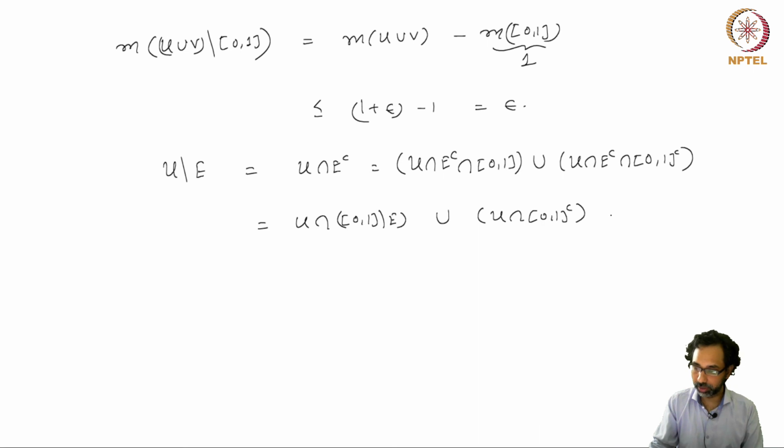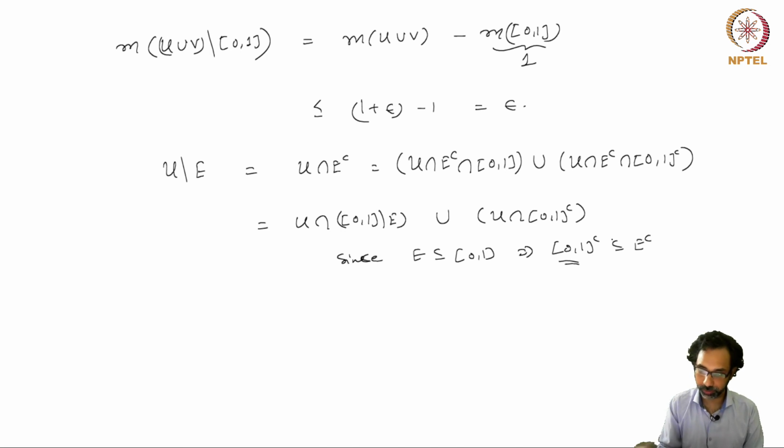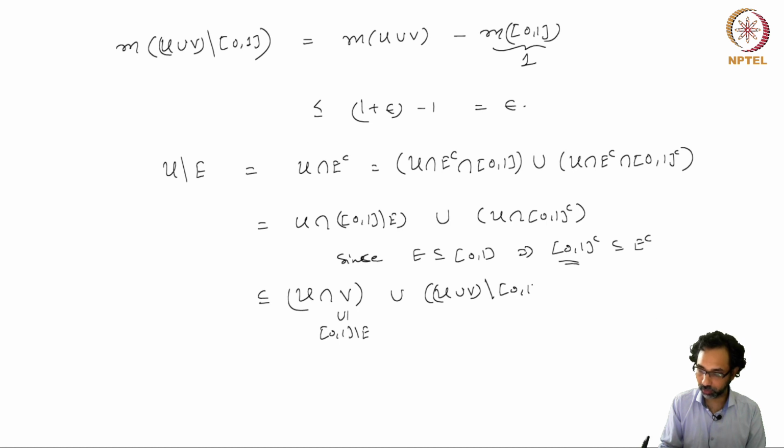This is because E is a subset of [0,1], so [0,1] complement is a subset of E complement, and so the intersection is simply the smaller set [0,1] complement. Now the first is a subset of U intersection V, because V is an open set that covered [0,1] minus E, and the second one is a subset of U union V minus [0,1].